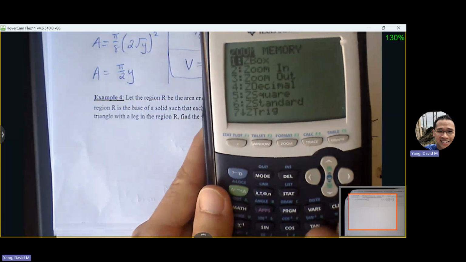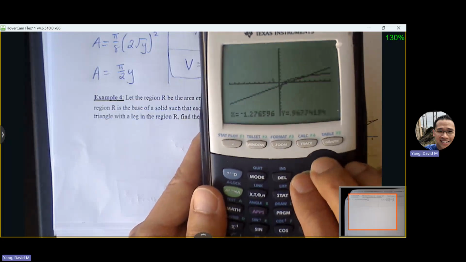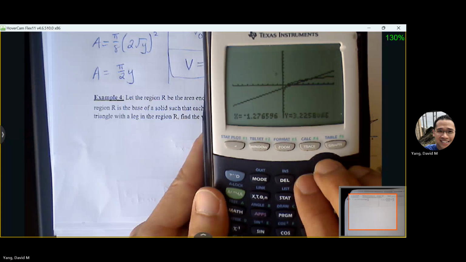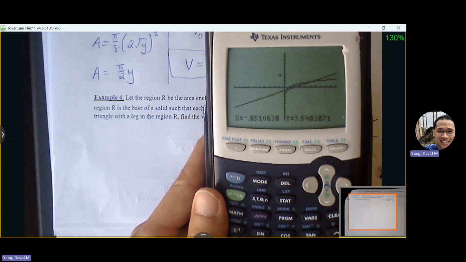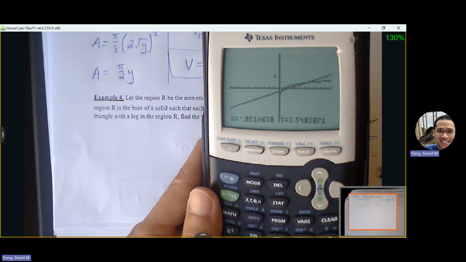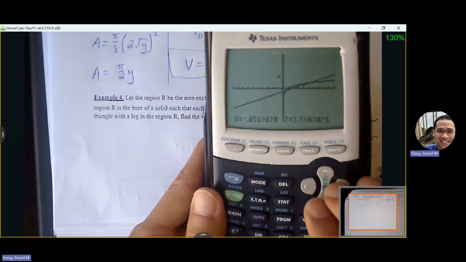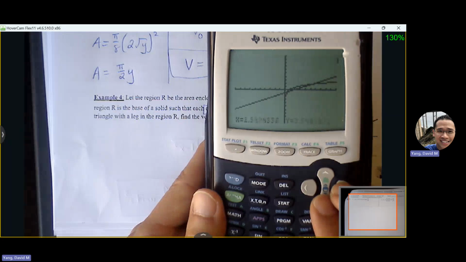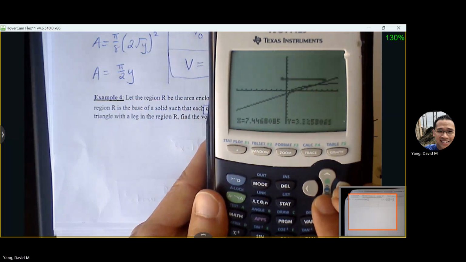I'm going to put a box around that region so I can have an easier time. I did zoom box, and I'm just moving my cursor to where I think I want the upper left corner of my box to be. Hit enter, and then use your arrows to draw your box. Don't hit enter again until you have the box in front of you.